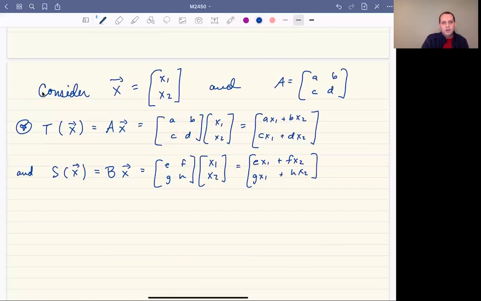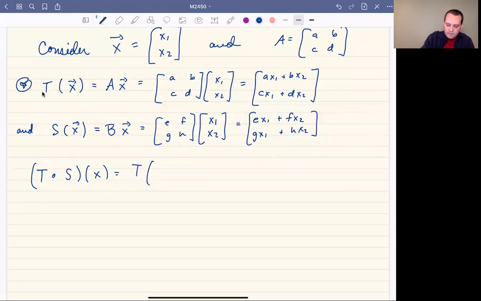What I want to think about is if I were to compose the two. If I were to take T composed with S, remember what this means is T of S of x. In other words, whenever I take T of something, I'm going to multiply that something by the matrix ABCD.